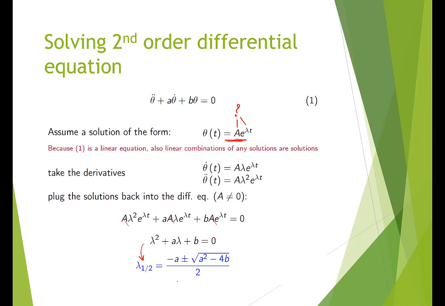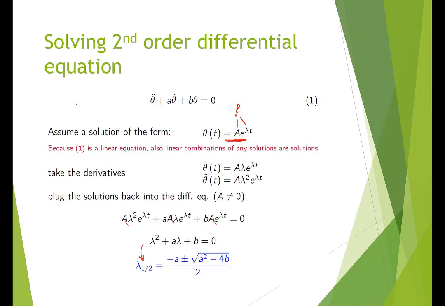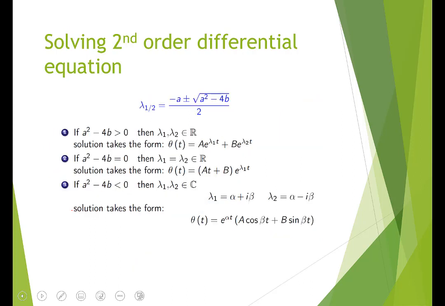Now, what does this lambda mean? What is this lambda term? This lambda term can have several possible solutions depending on what happens under this square root. In a case that A squared is bigger than 4 times B, we have a real number for lambda, and the solution will take this term.